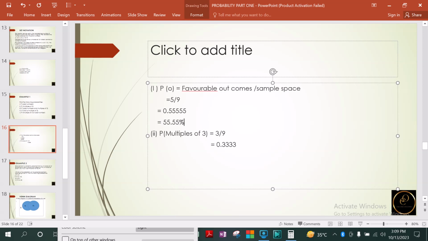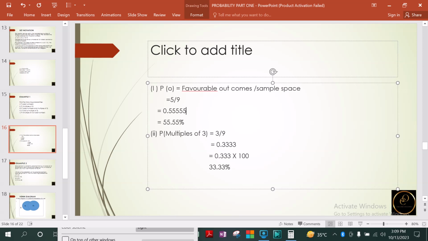Likewise, 0.333 multiplied by 100 gives 33.3%.